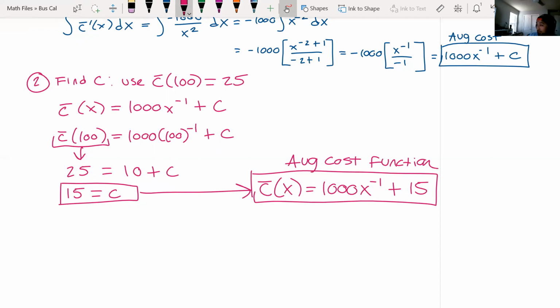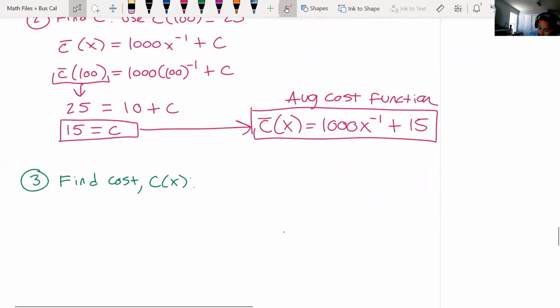Now we need to find the cost function. Find cost, C of x. Okay, so remember that the average cost is given by the cost function over x.